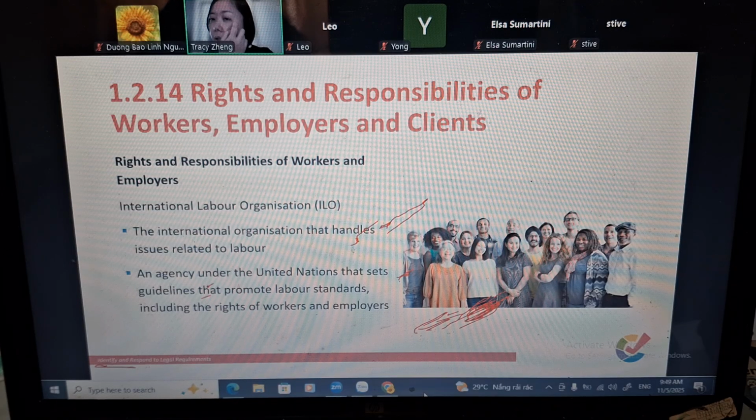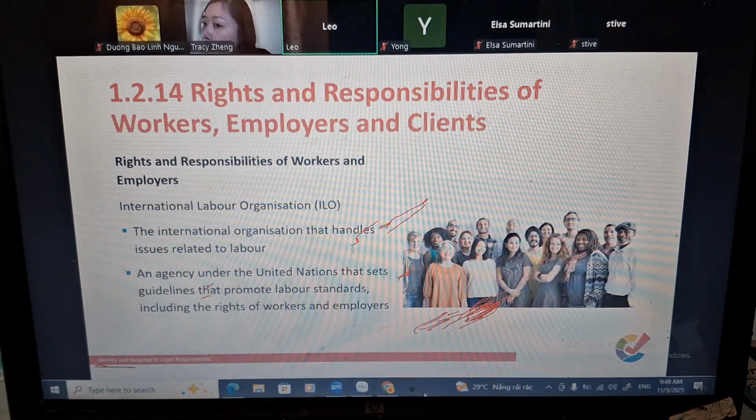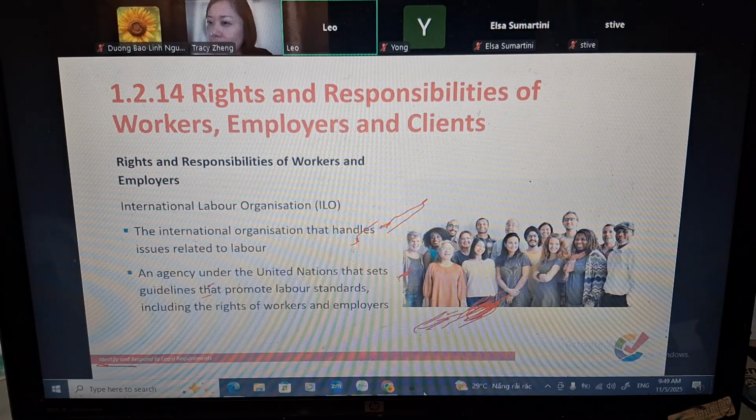What else? As a care support worker, what else are our responsibilities? Supporting the client's daily needs, like eating, dressing, bathing.